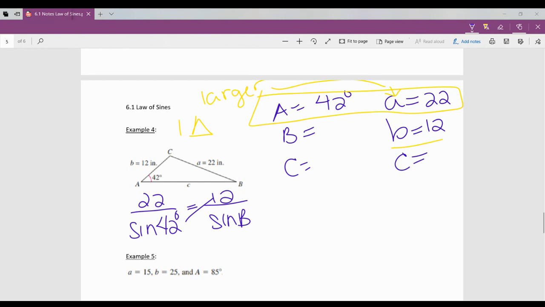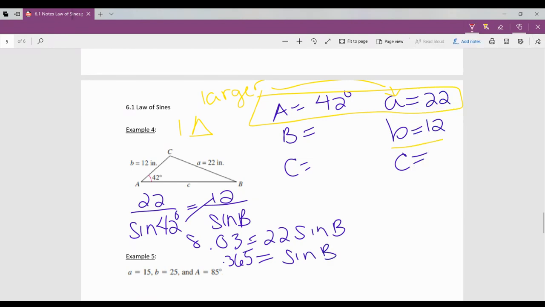And I cross multiply. So I do 12 sine of 42, and that's 8.03 equals 22 sine of B. Now we're going to divide by 22, so I get 0.365 is equal to sine of B. So now we got to get rid of sine.